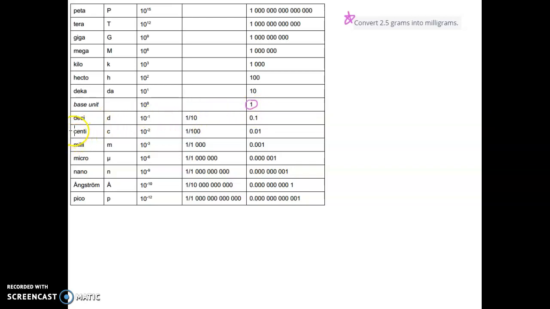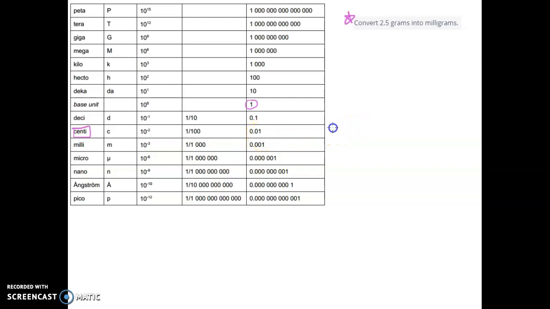If I instead talked about meters, and this will sound very familiar to you, if I instead of talking about meters, I talked about centimeters, and I was trying to convert in between meters and centimeters, I know that I have, and we'll look at this far right column to start, 0.01 meters.